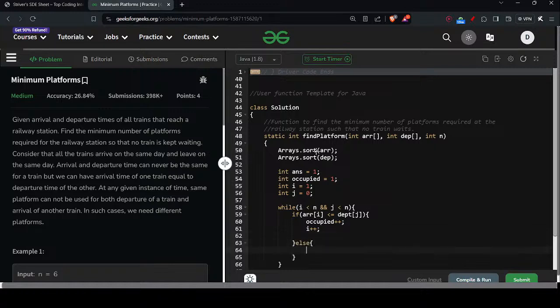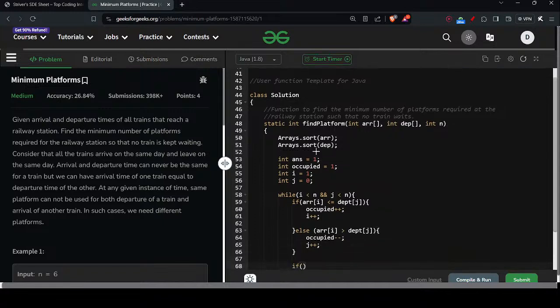Else case: let me write for you all. Arrival of I is greater than departure time of J: occupied minus minus, J plus plus.